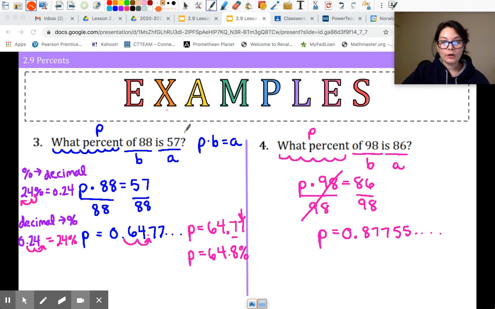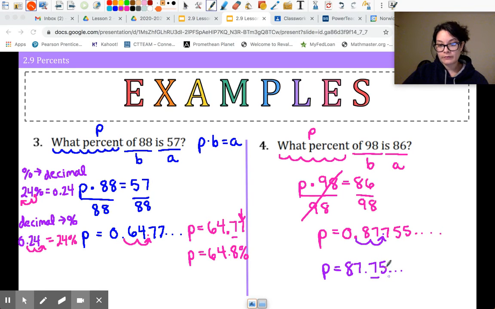So to go from a decimal to a percent, I need to take this decimal point and move it 2 places to the right. So if I look at this, this is telling me I'm getting 87.75, and it just keeps going. So I'm going to round to the nearest tenth here.